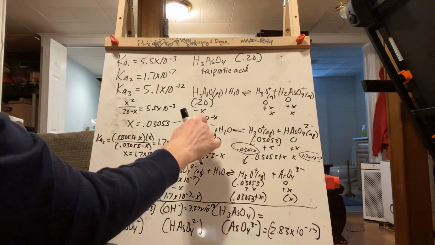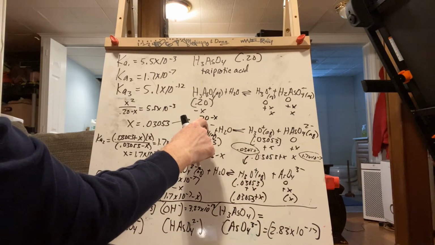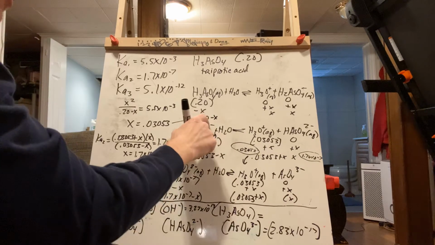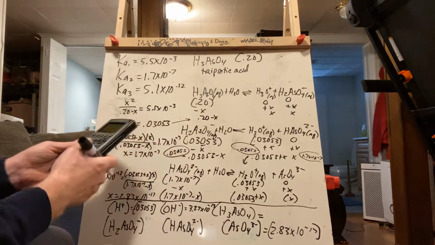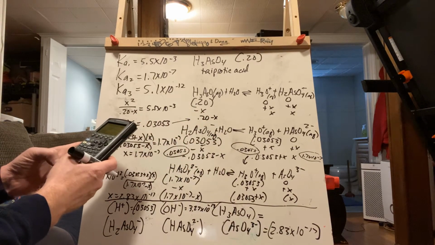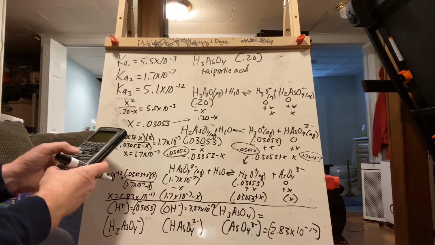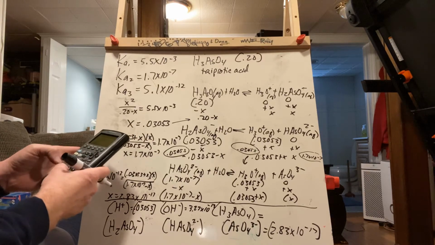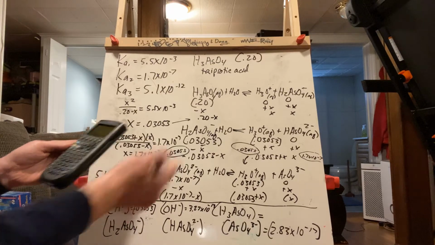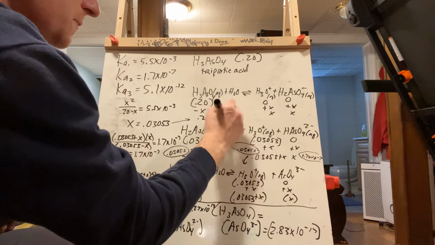H3AsO4 would be up here, so it'd be 0.2 minus 0.03053. So about 0.17.